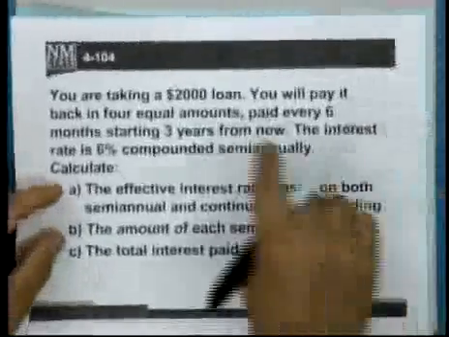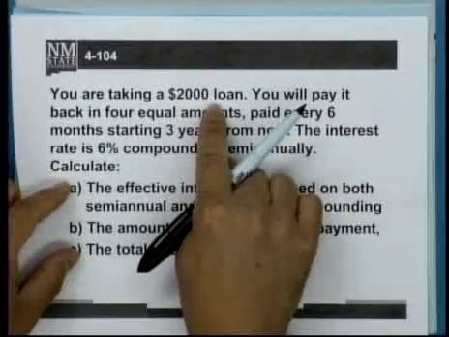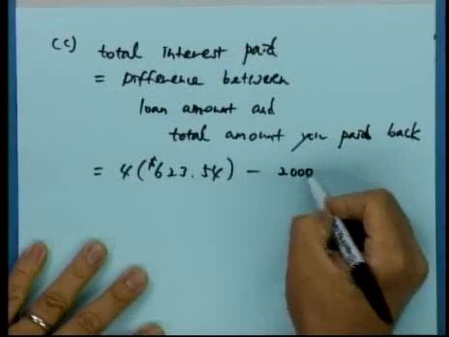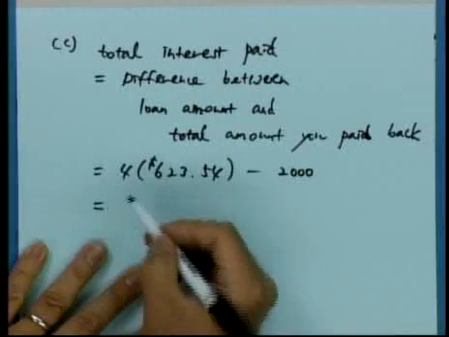From the problem description, it is given as $2,000, right? So minus 2,000. Then how much is this?